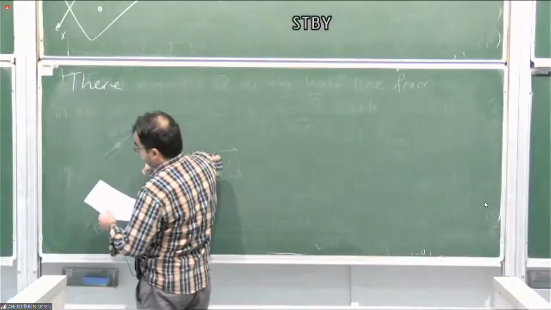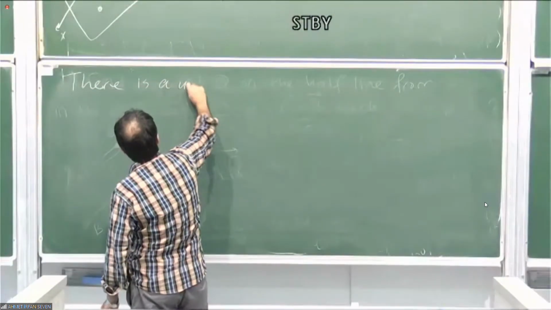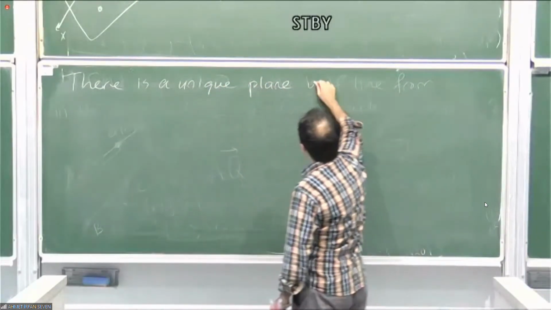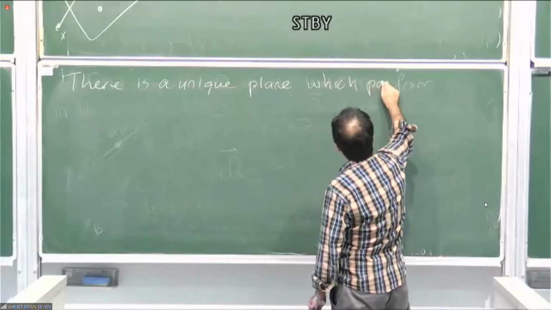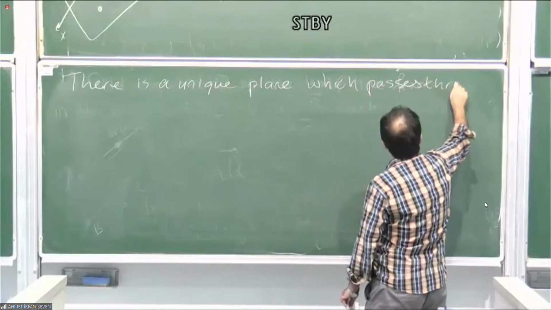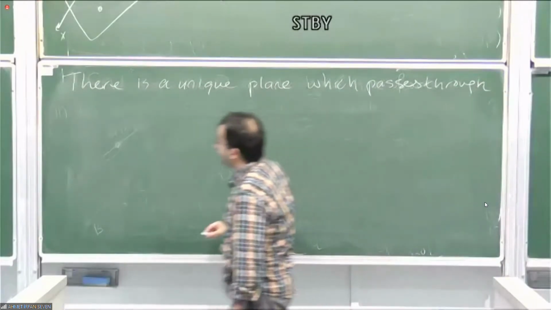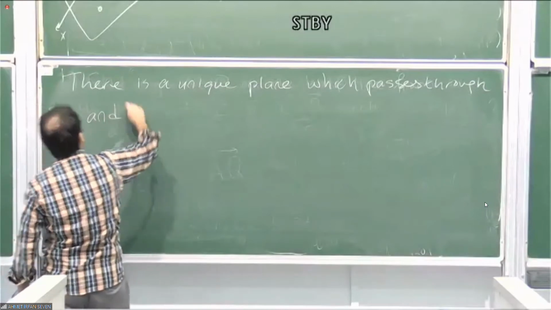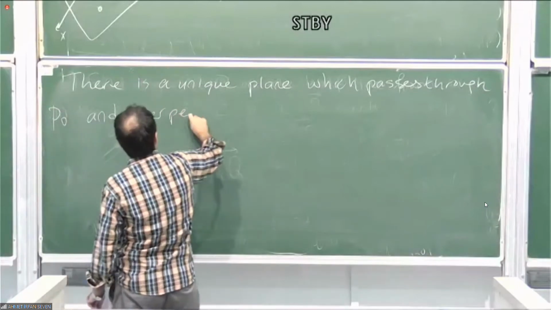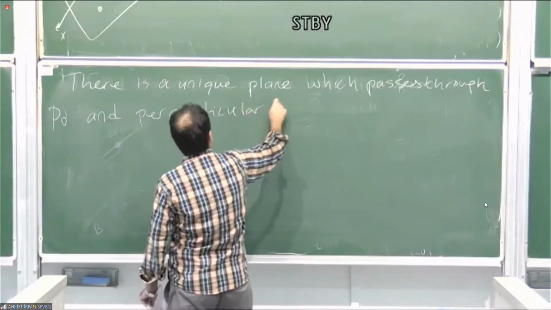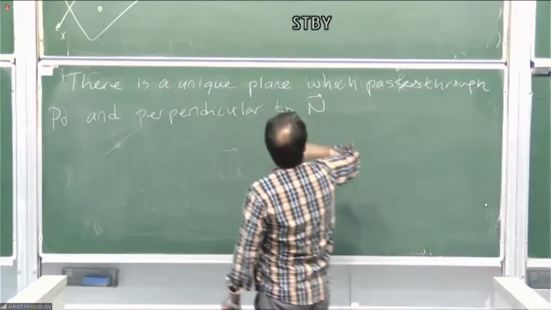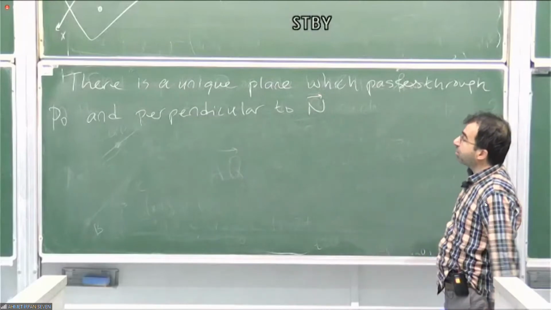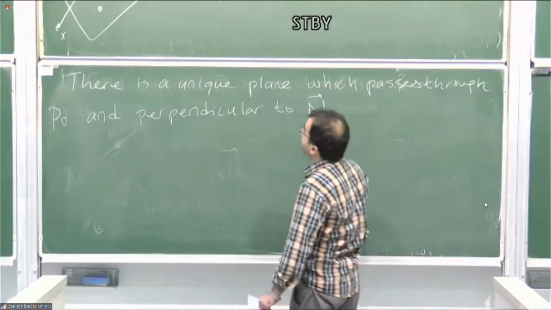There is a unique plane in space which passes through this point P0 and is perpendicular to n, this normal vector that we called. Okay, then what is the equation of this one? This will be very easy.